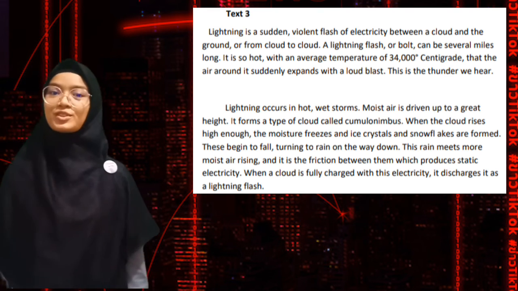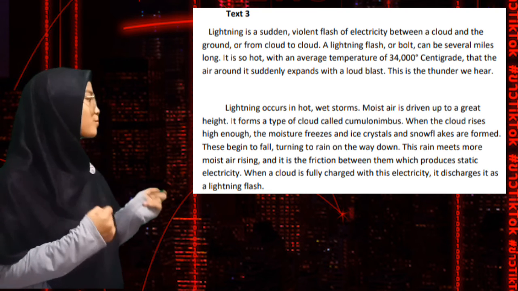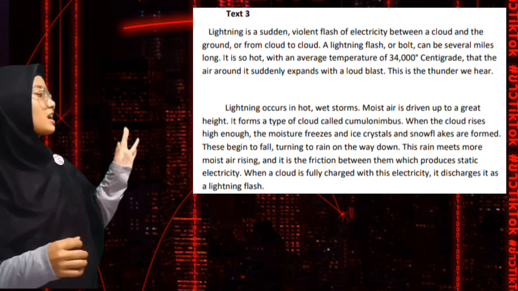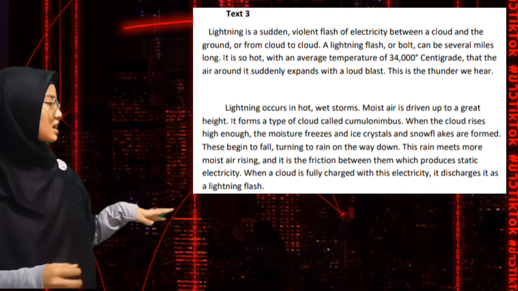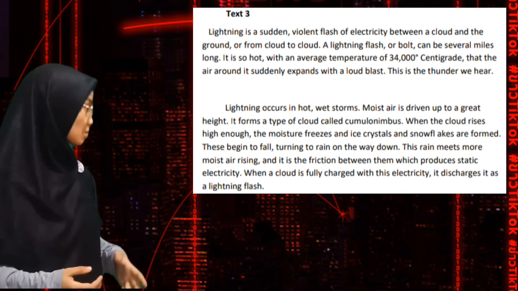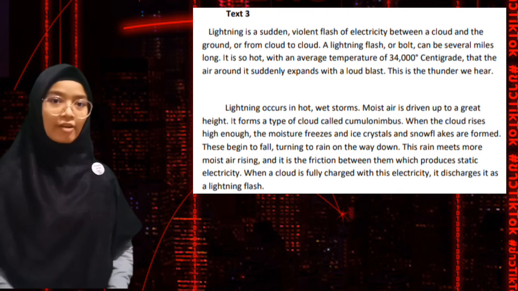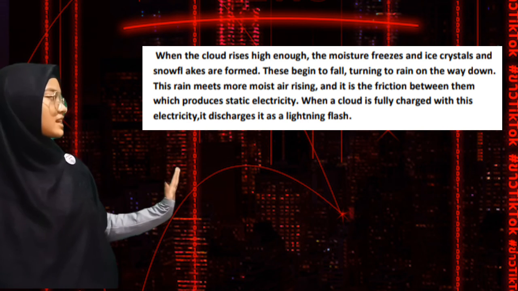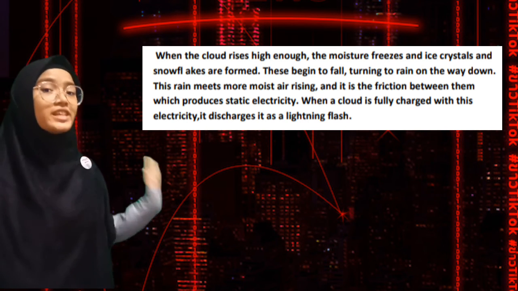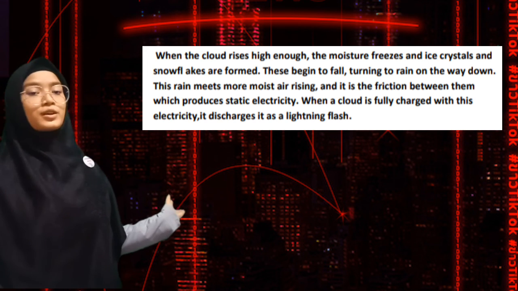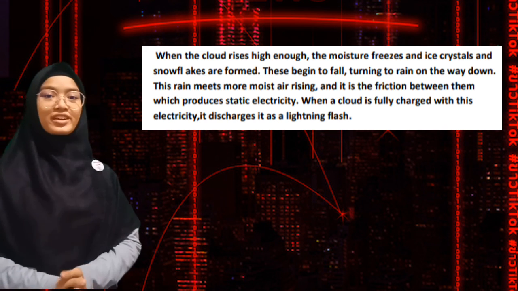So we can move to the second paragraph. Oh look! In the first sentence, it's written lightning occurs in the hot, wet front. From here, our skimming is finished. We find the answer. This sentence is the main idea of this paragraph. So, what this paragraph talks about is the answer to the question.